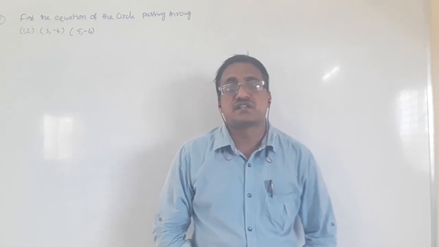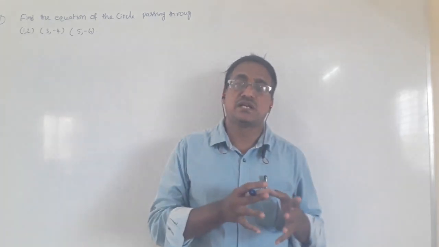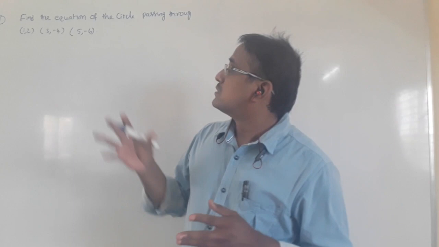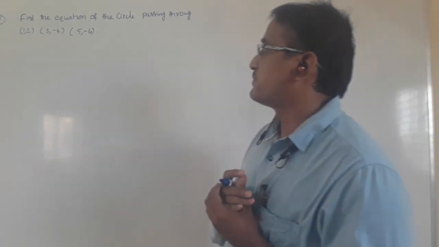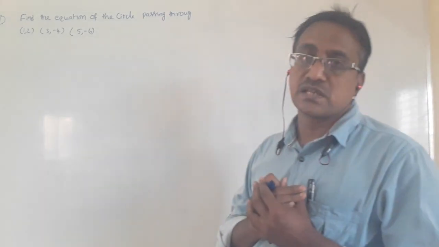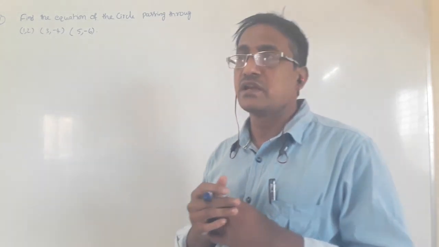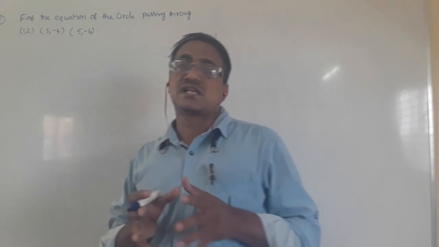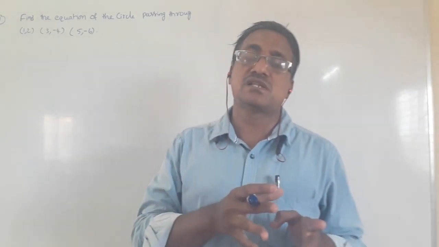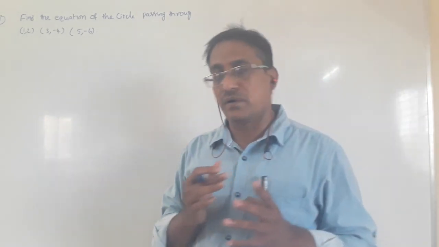Find the equation of the circle passing through the three given points (1, 2), (3, -4) and (5, -6). To find the circle, we consider the required circle in general form.